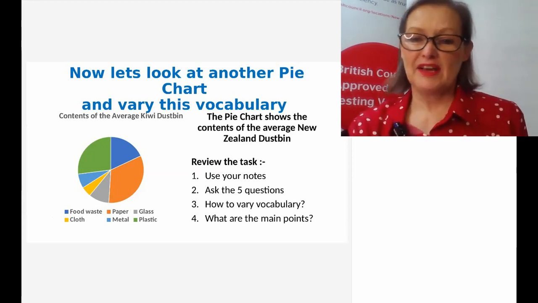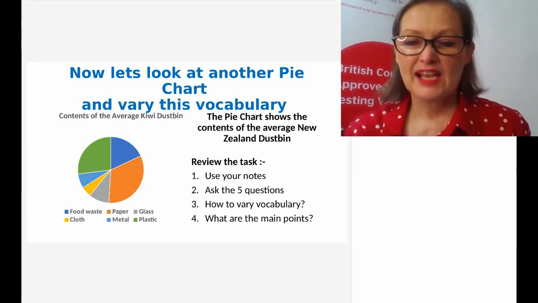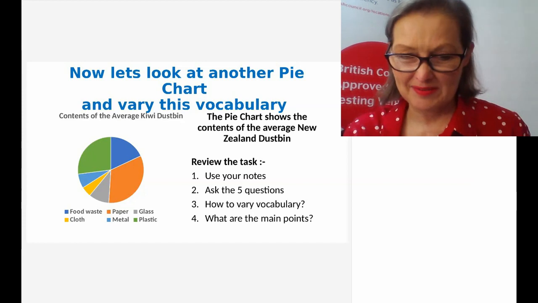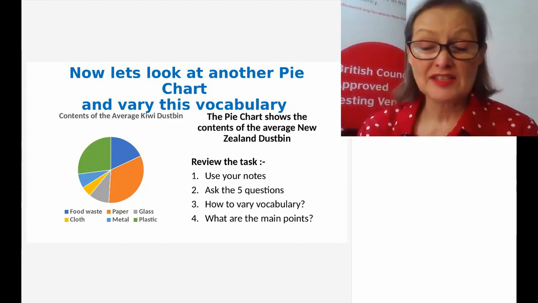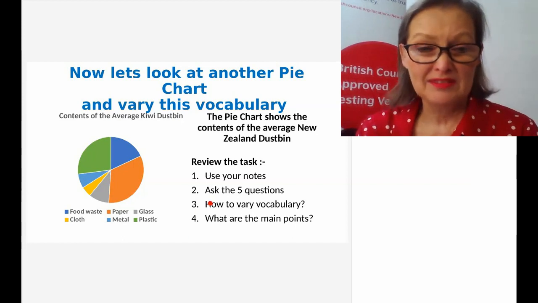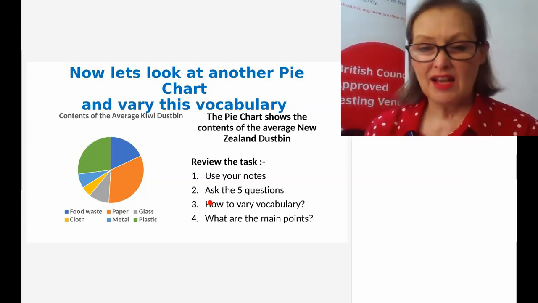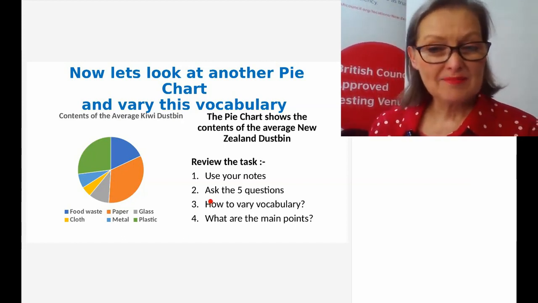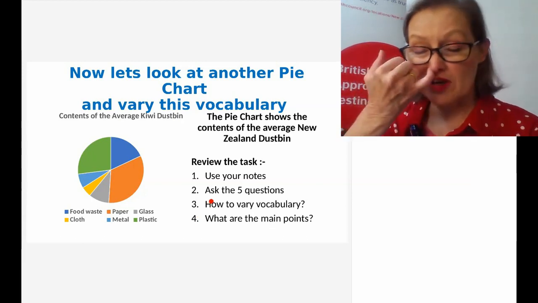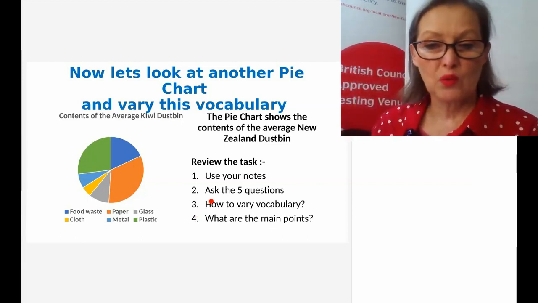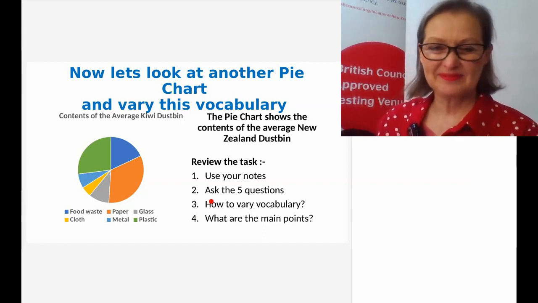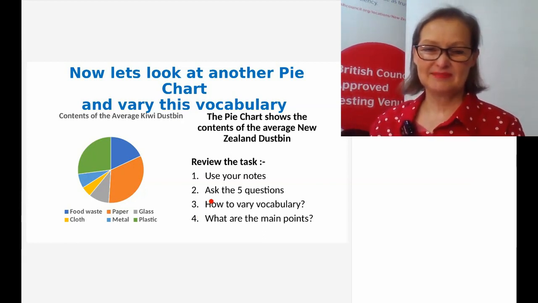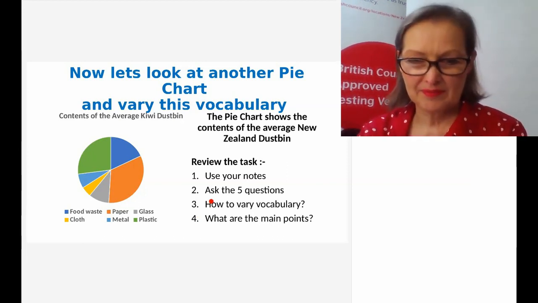Now let's look at another pie chart and let's vary this vocabulary. We're going to look at this example in the class with vocabulary and grammar, and then I'm going to ask you to write your pie chart about the movie genres yourself once you've looked at this language and learned it and practiced it. So let's have a look at our topic.